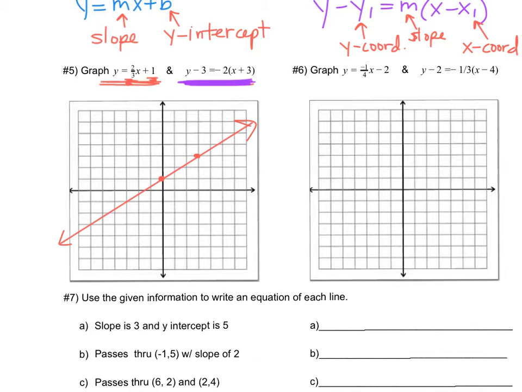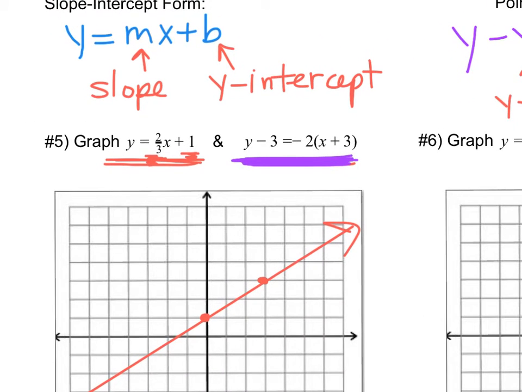How do you plot point slope? And this is the one that I see the most mistakes on because it is a little bit unique. Okay? If you think about point slope, the equation is y minus your y1 value equals m times x minus your x1 value. Okay?